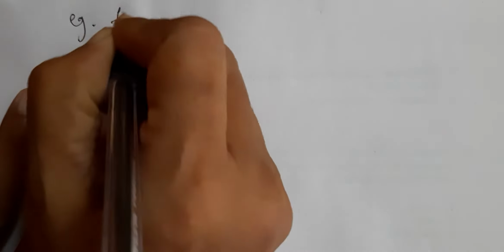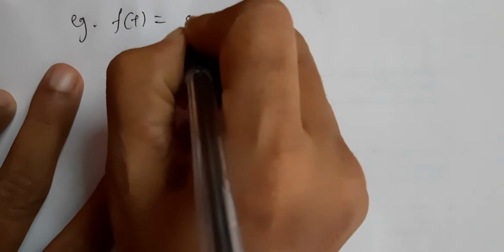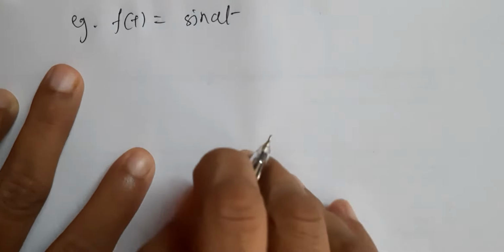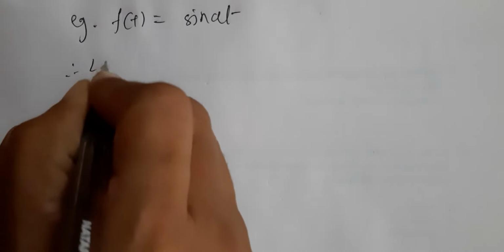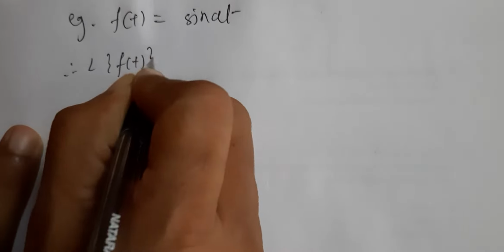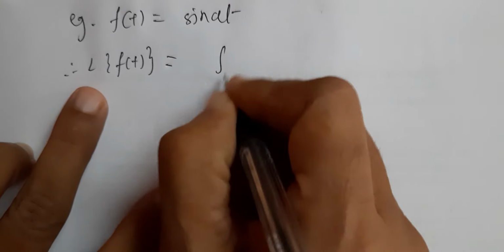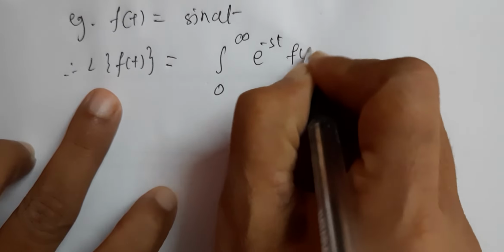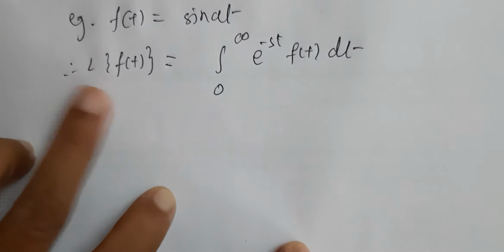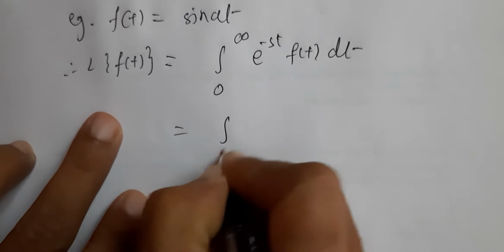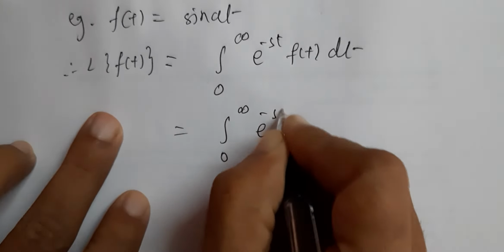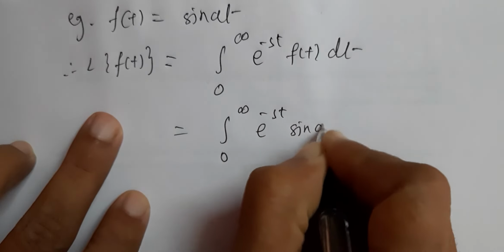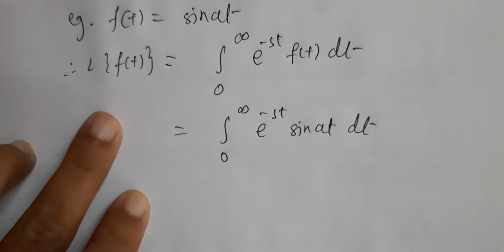So now we have f(t) as sin at, and to find its Laplace, let's first write down the definition of L of f(t), which is the integration from 0 to infinity of e raised to minus st f(t) dt, and that is the integral from 0 to infinity of e raised to minus st sin at dt.